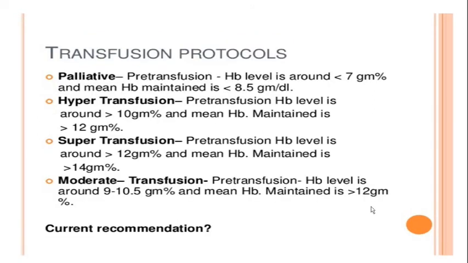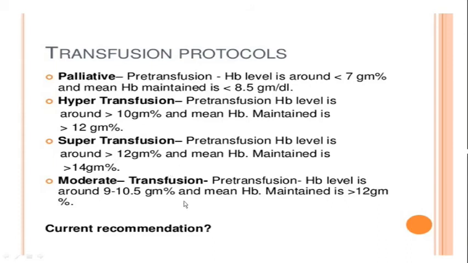The transfusion protocols should be hemoglobin maintained at more than 9 gram per deciliter or more than 10 gram per deciliter. Hypertransfusion is when the pre-transfusion hemoglobin is 10 and it is maintained at greater than 12 gram, and super transfusion is when the pre-transfusion hemoglobin is greater than 12 gram and maintained at more than 14 gram.